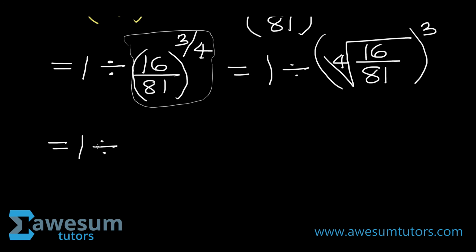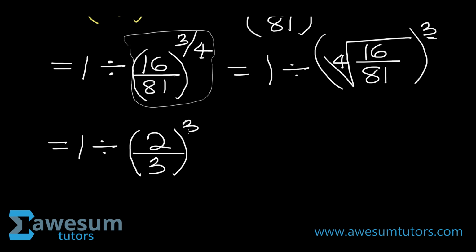And then this will become 1 divided by, now what is the fourth root of 16? We already said that is 2 in the previous problem set, number 1, over the fourth root of 81, that is 3. Then you have your bracket, this power right here.